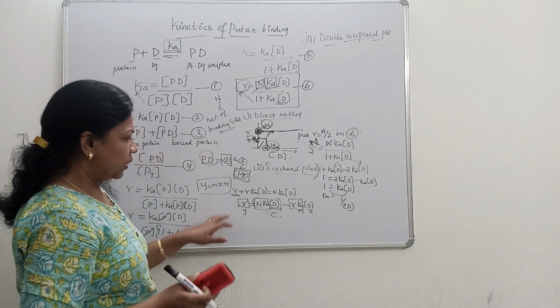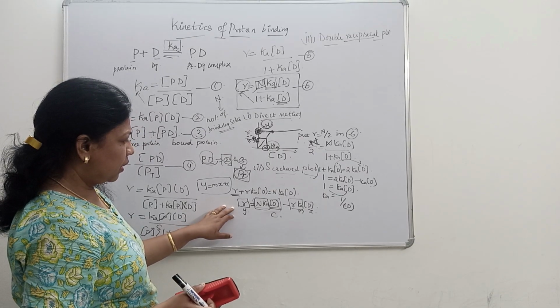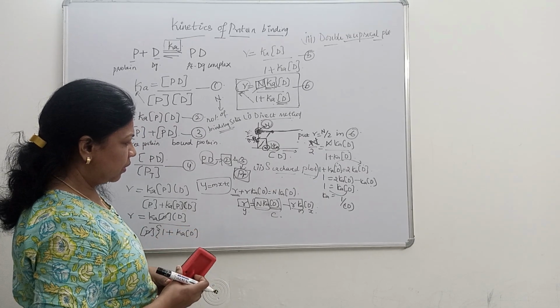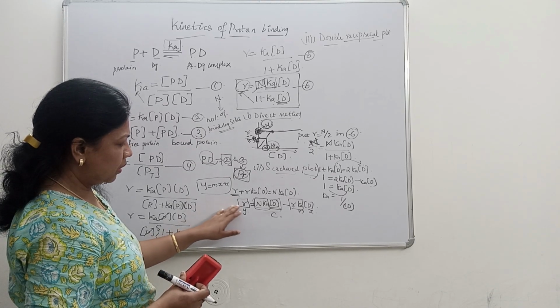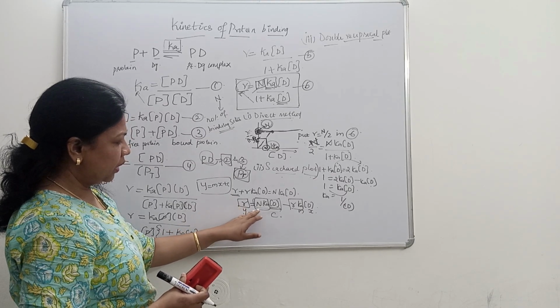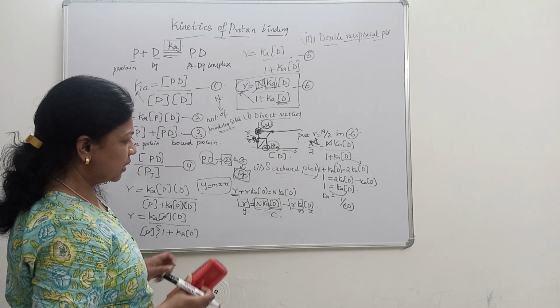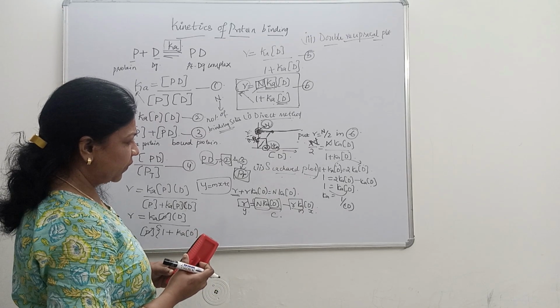So we have r is equal to N KaD minus r KaD.